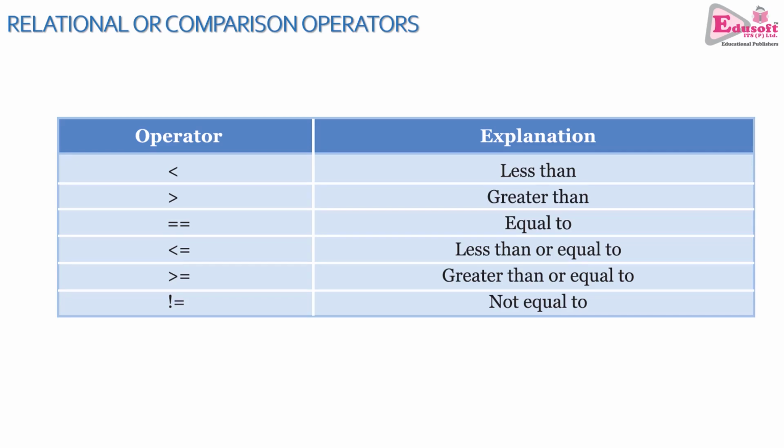So double equal to is reserved for checking the equality of two values. Then other combinations are there: less than or equal to, greater than or equal to, and finally not equal to. Exclamation sign equal to is not equal to. So these are the possible comparison combinations which can be checked with the help of the corresponding relational or comparison operator.